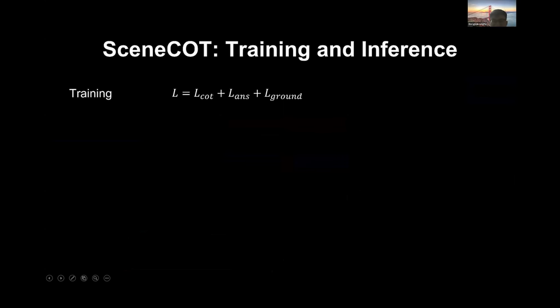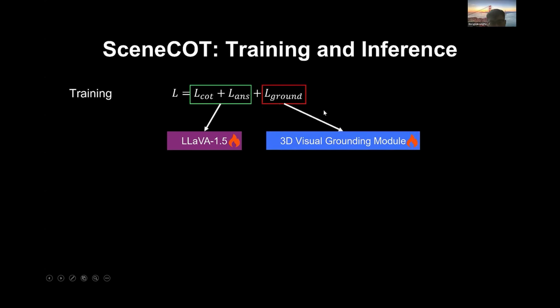So we just showed the whole workflow. Then I will introduce how to train the model. For the loss function, our model training is fully optimized by three types of loss: the loss of COT, the loss of answer, the two losses are the typical causal next token prediction loss, and the loss of grounding.